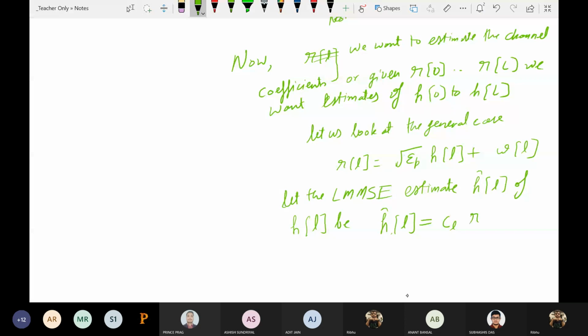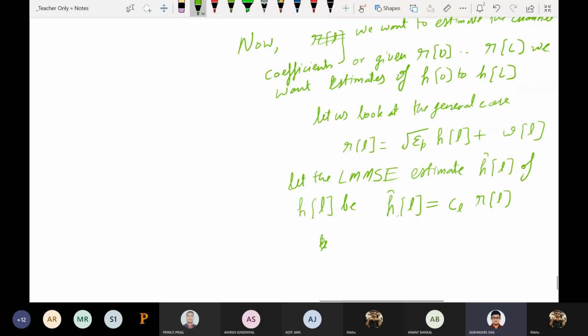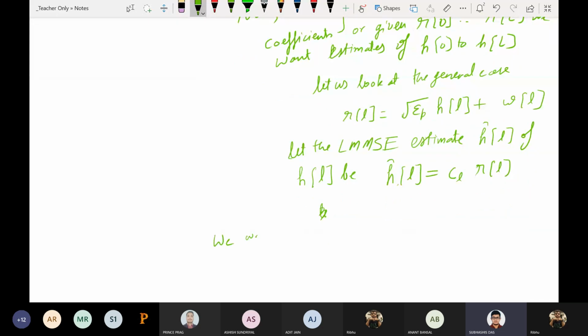So why are we using LMMSE? Why shouldn't we go for ZFE? There is no zero forcing estimator. Two, we want the best possible estimate of channel coefficients, right?